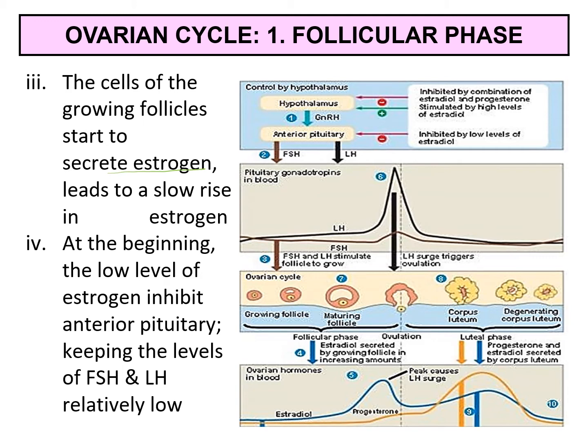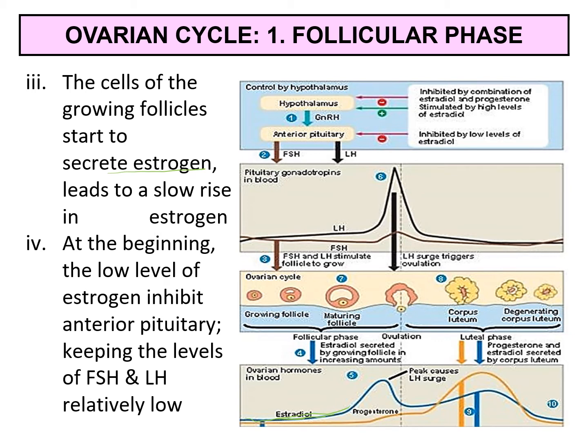So in the beginning of the ovarian cycle, the estrogen increases because of the stimulation from the FSH, because the follicle starts to secrete estrogen. At the beginning, the low level of estrogen will inhibit the anterior pituitary from releasing more FSH and LH. So estrogen will increase, but still at a low level.